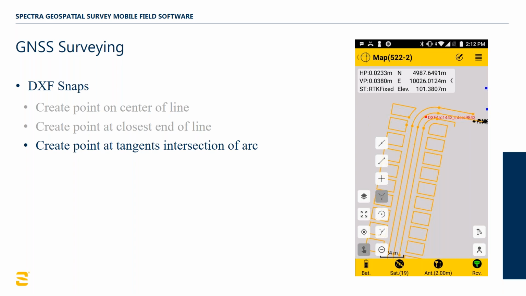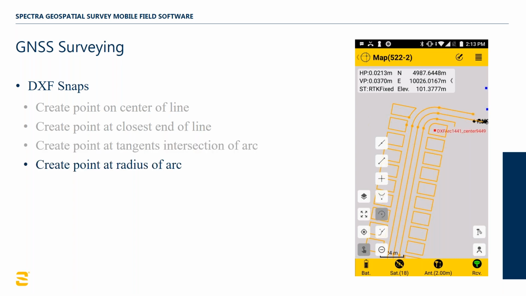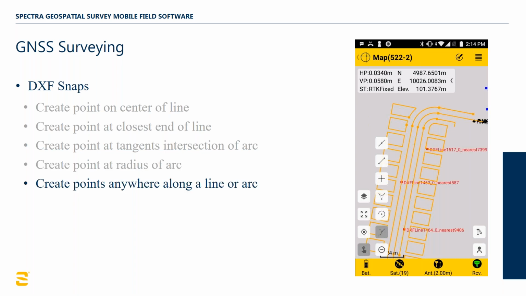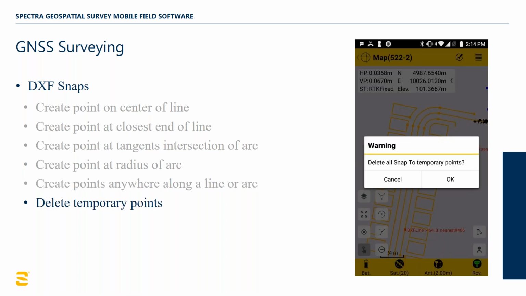It's actually that DXF arc 1442, etc., is actually the tangent of the smallest arc. It's not supposed to be a point on the line of the second arc. It's actually the result of a computation there. Radius points of an arc, create points anywhere along a line or an arc. And I can also then delete all of these points.